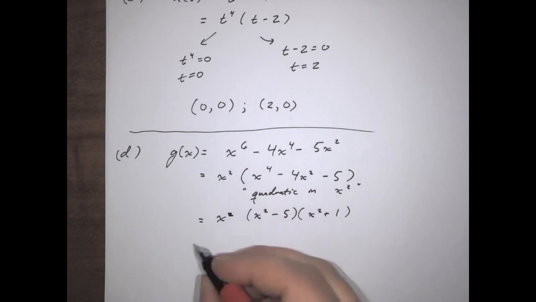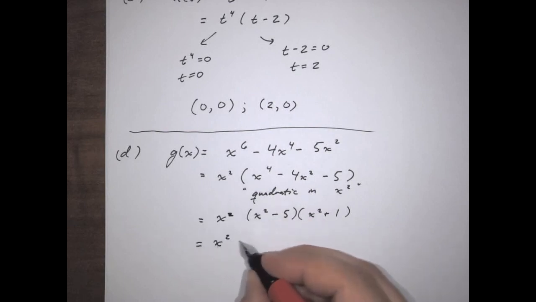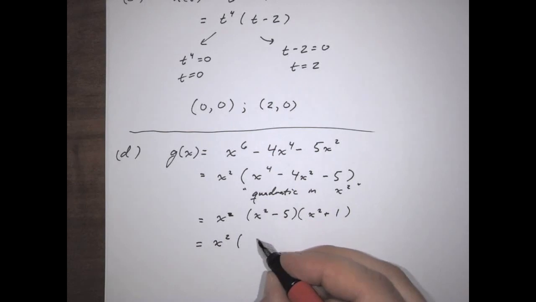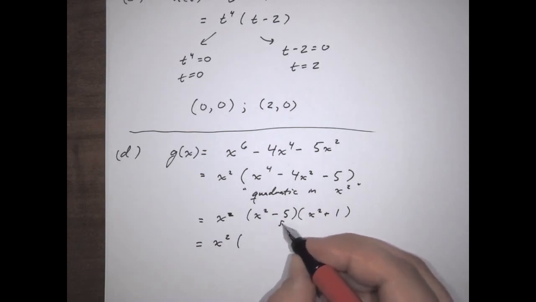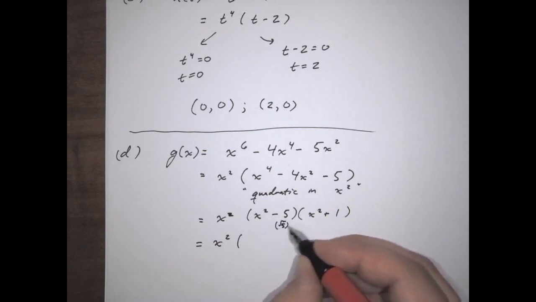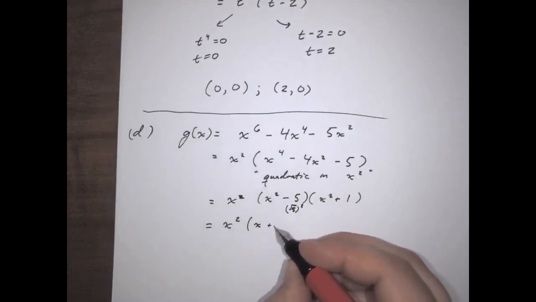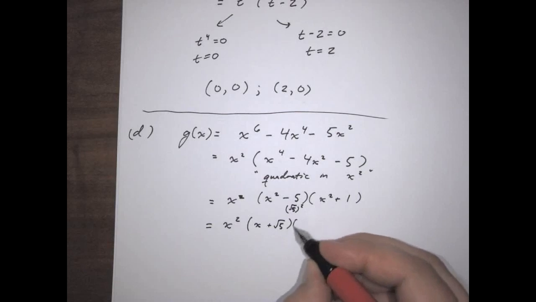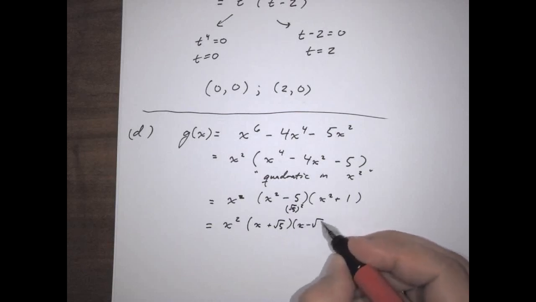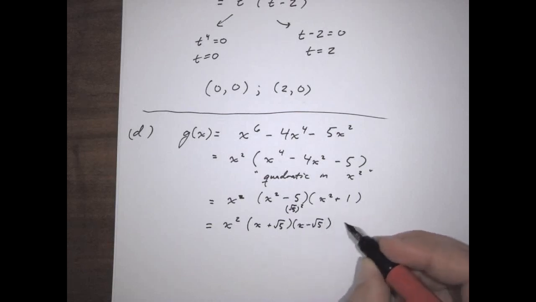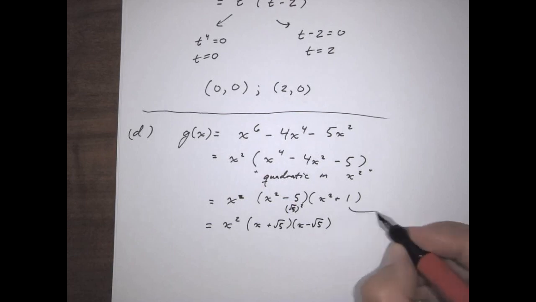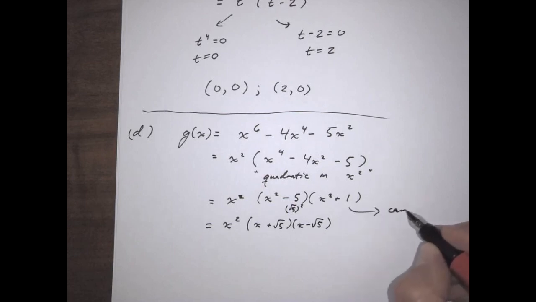Now, here we would have again the same breakdown as we had before. So it's going to be x plus root 5, x minus root 5. And over here, this can't be factored.